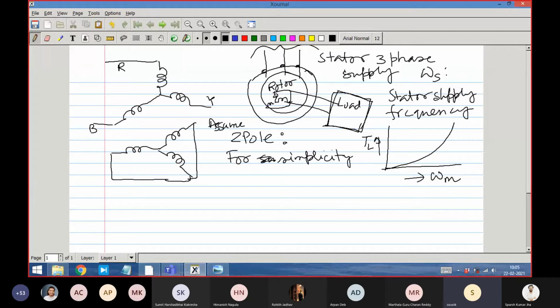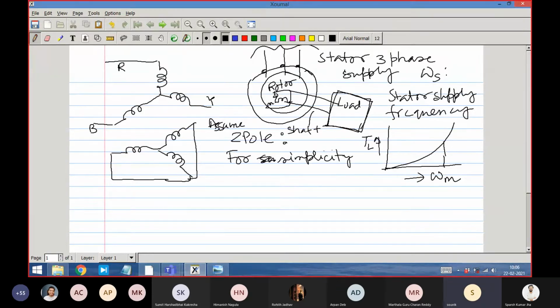It means the load is connected to the rotor shaft. Therefore, if the rotor rotates, the load also will rotate. If the load is rotated at a certain speed, then the corresponding torque is here.